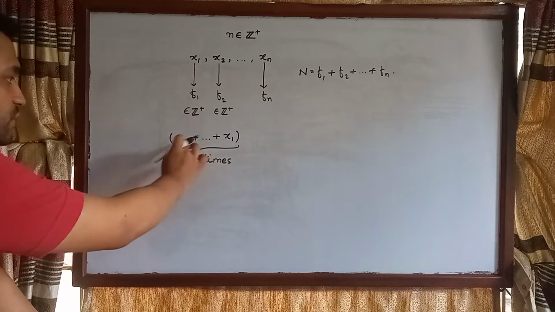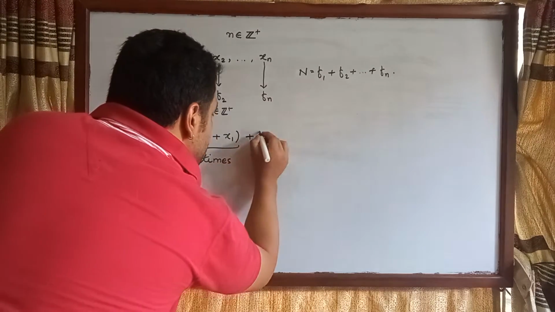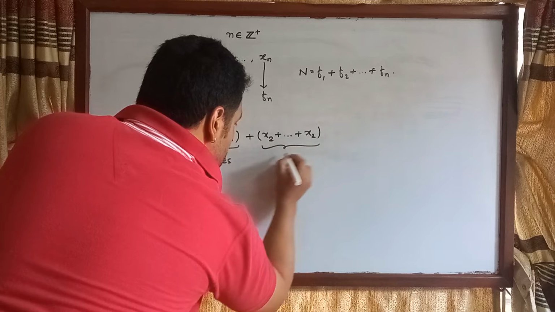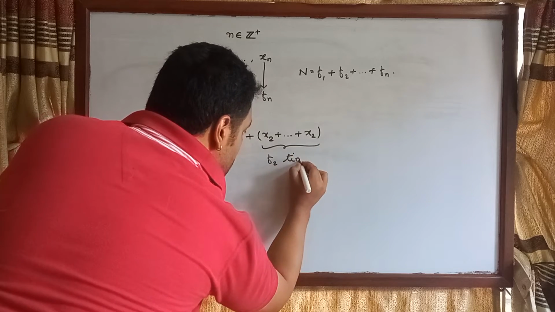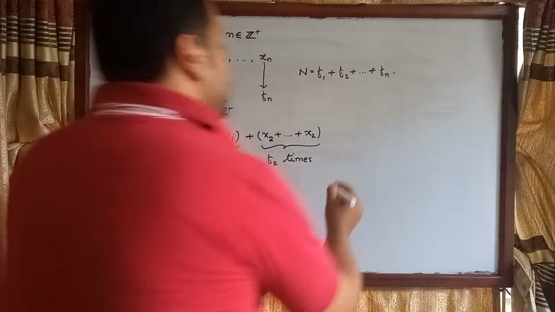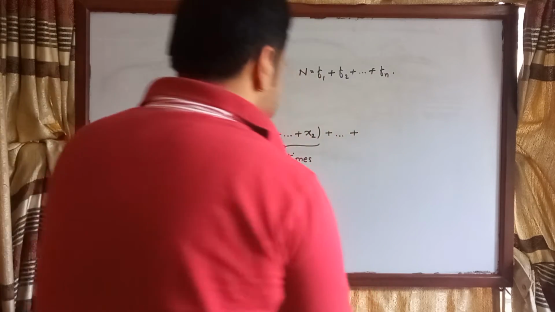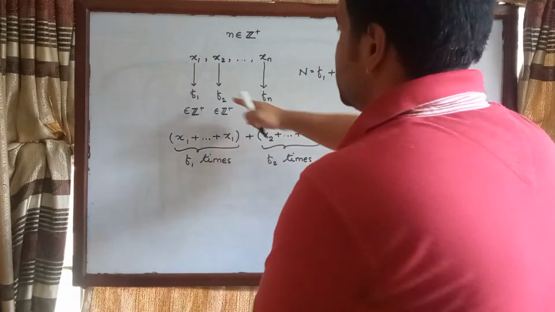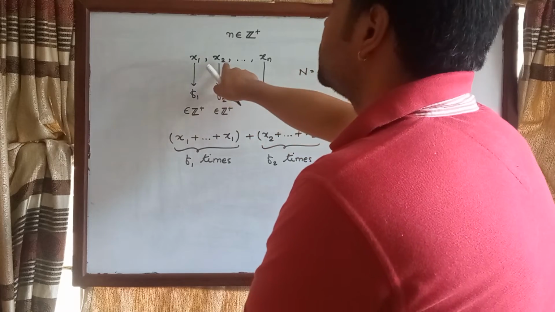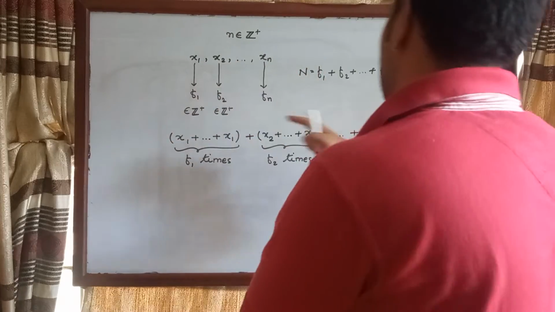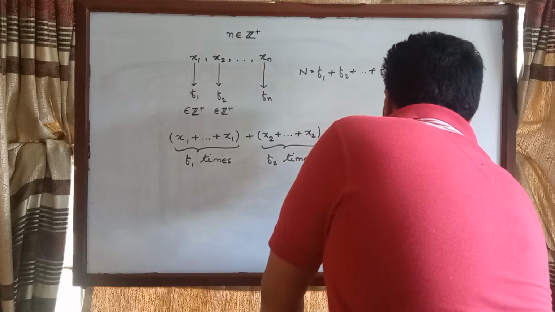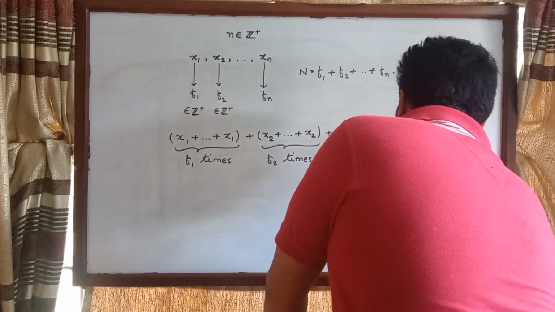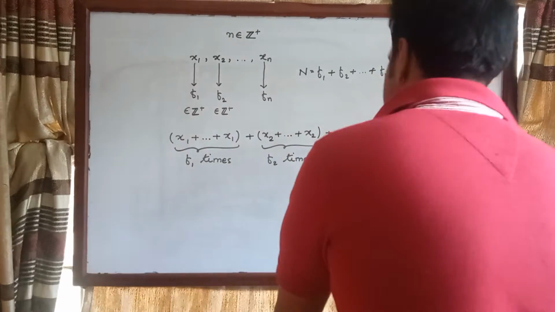So we need to add x1 f1 times, plus x2 f2 times, and proceeding similarly, add xn fn times, because x1 is given to us f1 number of times, x2 is given to us f2 number of times, and so on, and xn is given fn times.